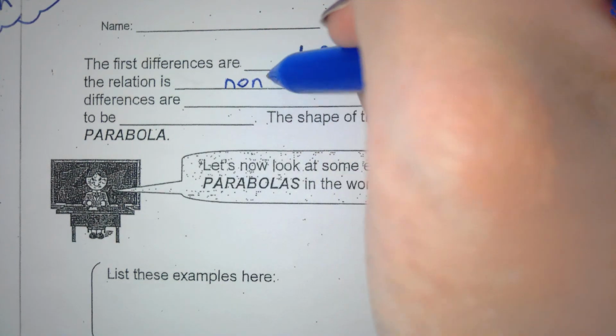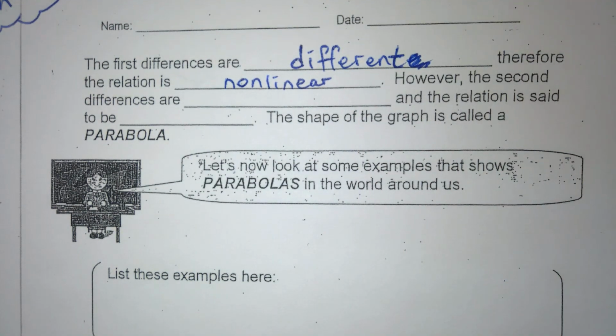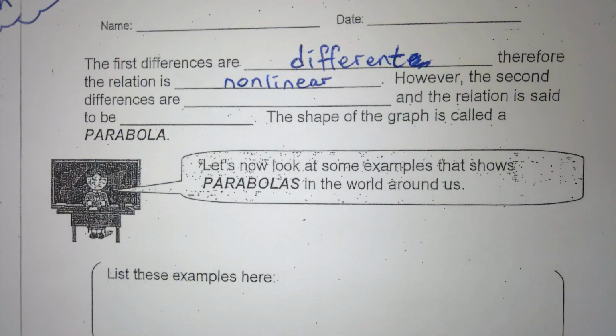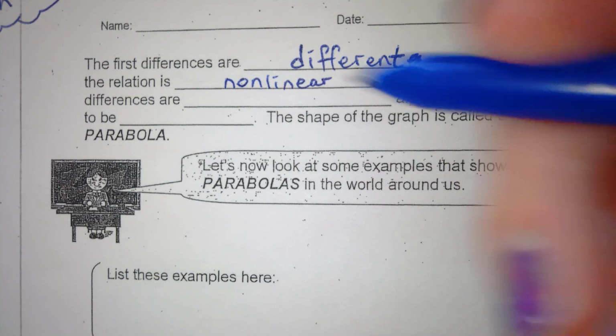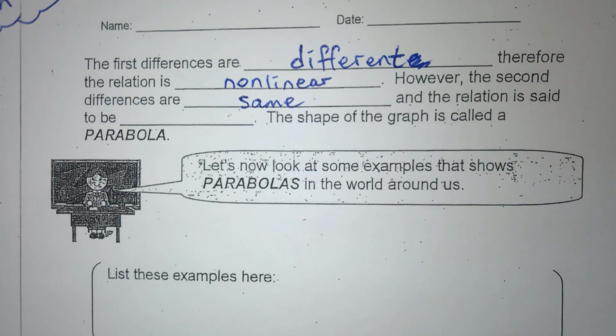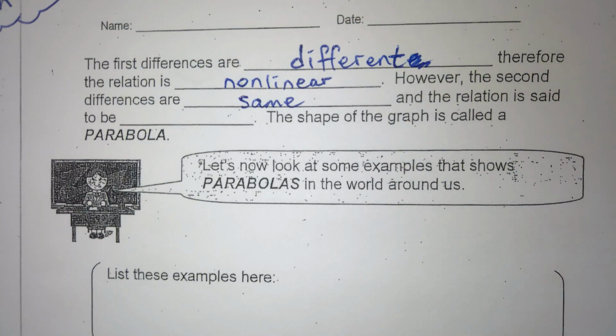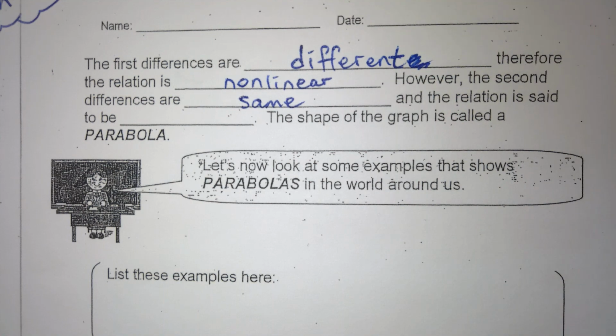Remember this word? You guys did it for like a whole semester. However, the second differences are the same. So therefore, we say the relation is said to be quadratic.